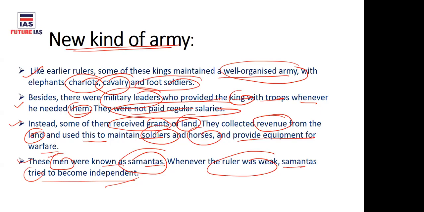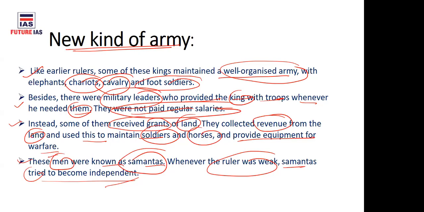They used to maintain soldiers and horses, and they were provided some equipment for warfare, isn't it? And there was a set of people called samantas, right? Whenever the ruler is weak, these samantas try to become independent from the king itself.